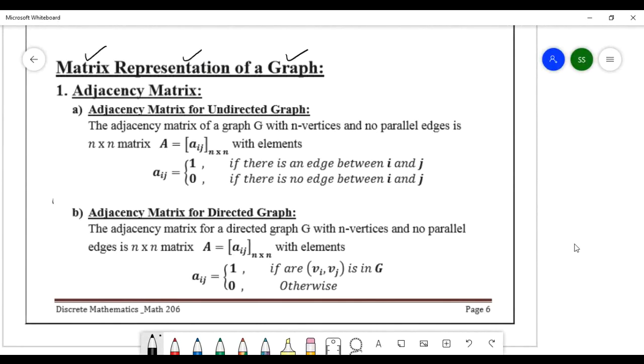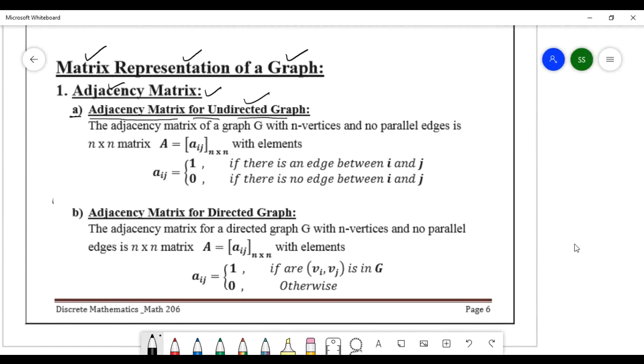So the first matrix is called the adjacency matrix. First I will discuss A, the adjacency matrix for an undirected graph. If the graph is undirected, then how to find the matrix corresponding to that graph? This is the question.